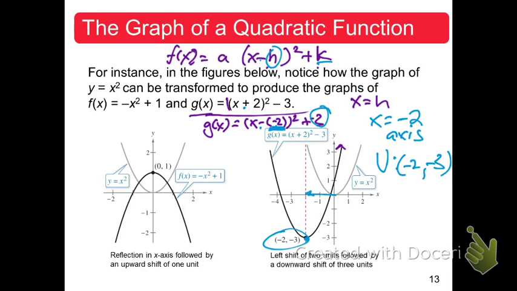So we went over negative 2 and down 3, and therefore that was our vertex, or from standard form, we can easily arrive at it by looking at h and k. We know it's going to be pointed upwards because a was equal to 1, and we know our axis of symmetry, okay, is this h value.